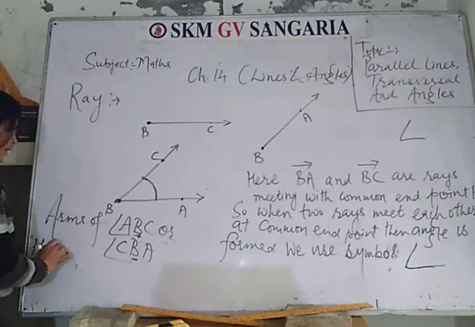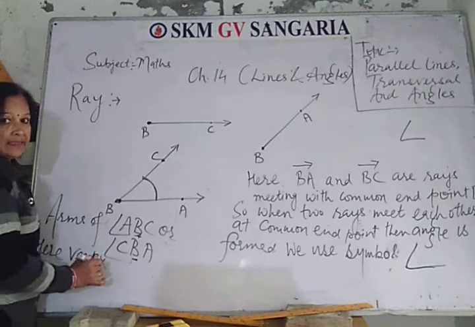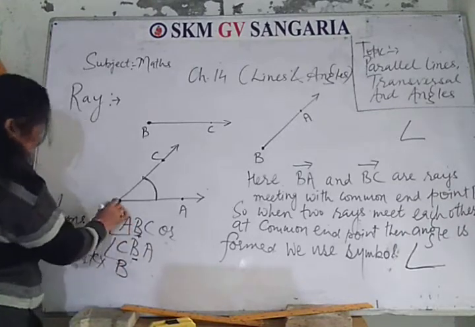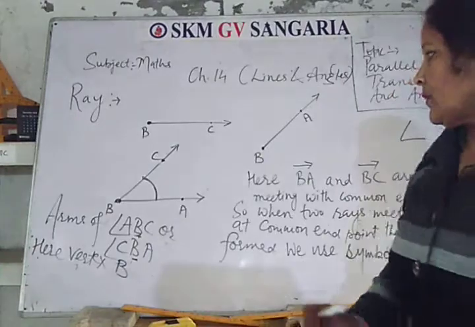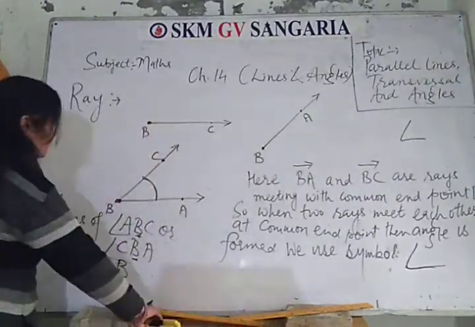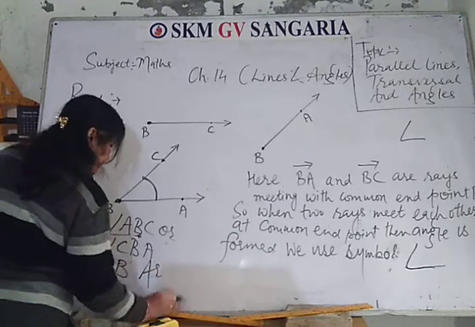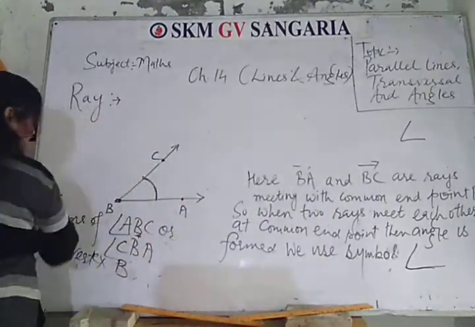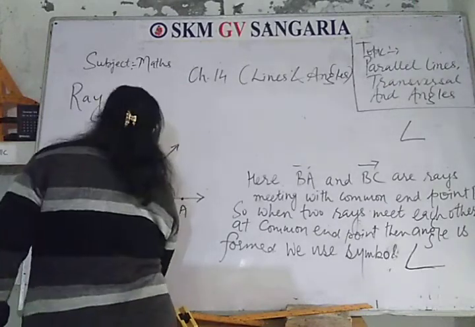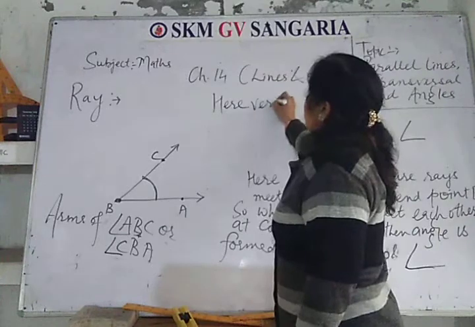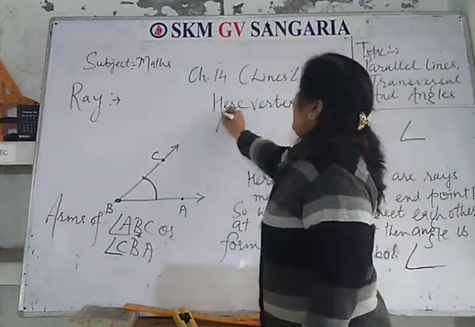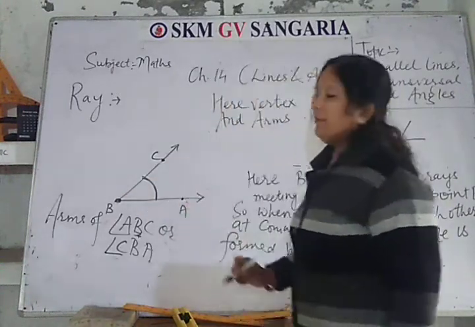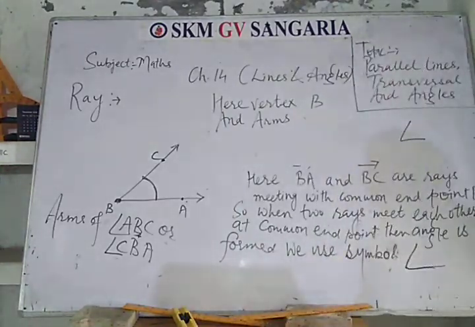Here the vertex is B, and the arms BC and BA will be called the arms of an angle.